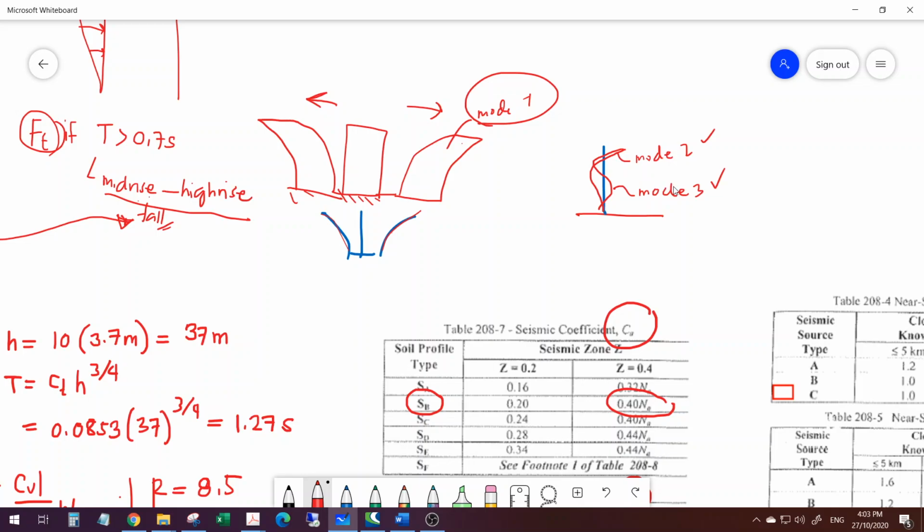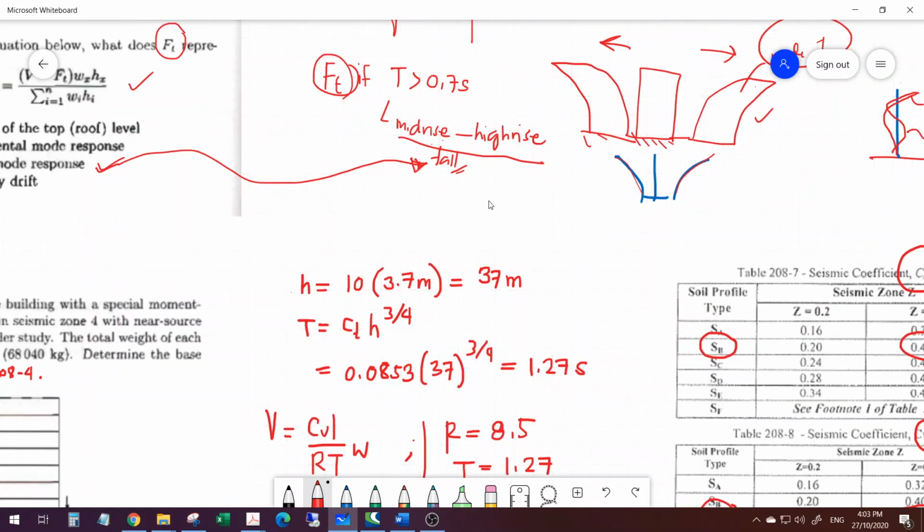And higher mode response like this, mode 2, mode 3, and so on and so forth, can occur because you're getting taller. As you go taller, your sway will not in general be like this. Okay, so that's the real reason of FT.